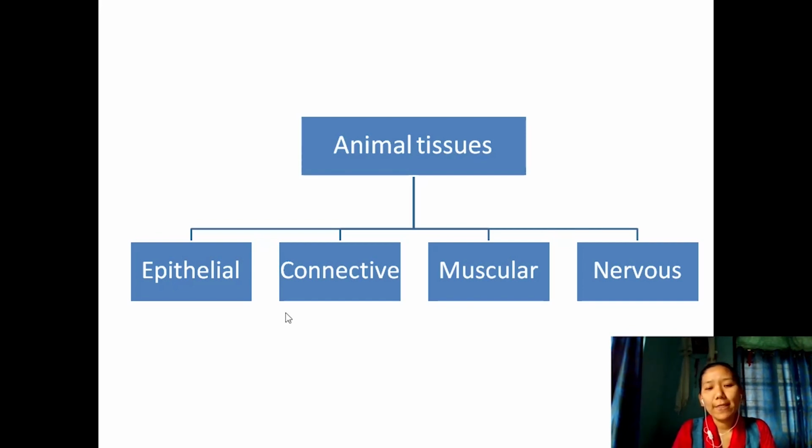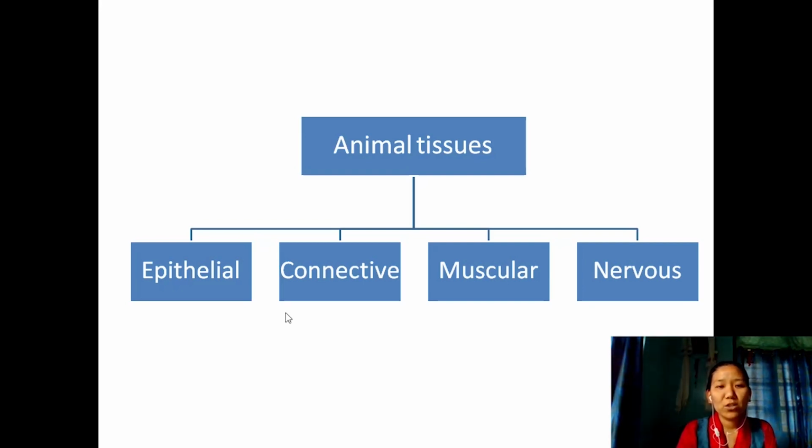The third one is muscular tissue, composed of muscle cells, responsible for our coordinated movement and locomotion. The last category is nervous tissue, the main controlling tissue in our body for proper coordination and control of functioning in the body.